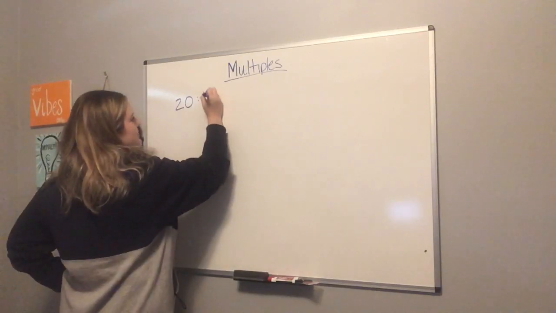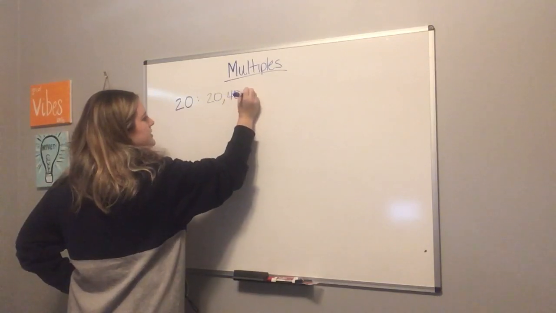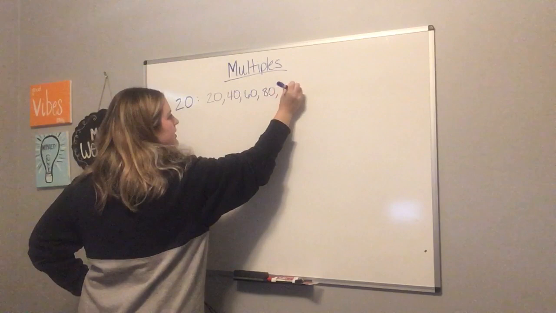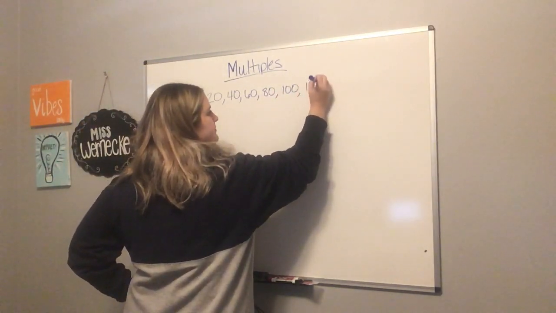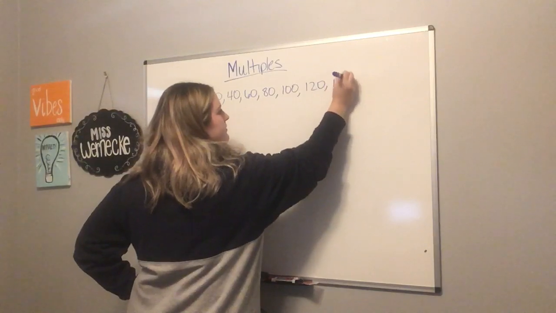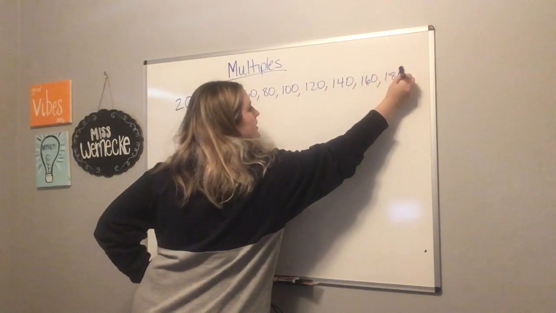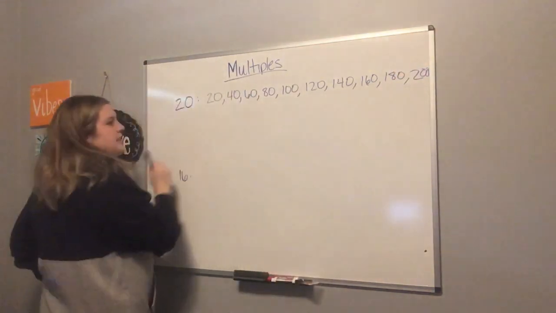So I know 20 times 1 is 20, then 40, then 60, then 80, then 100. Then 120, 140, 160, 180, 200. Ooh. And I know that's going to keep in that pattern.